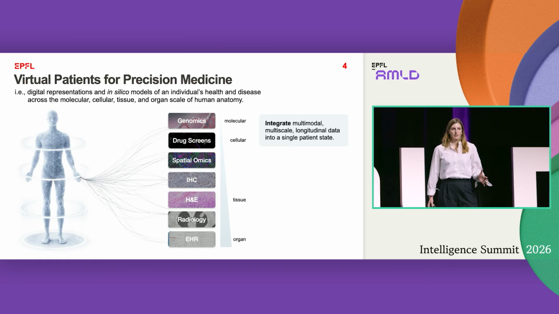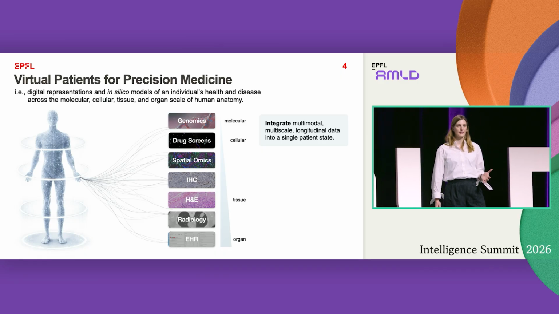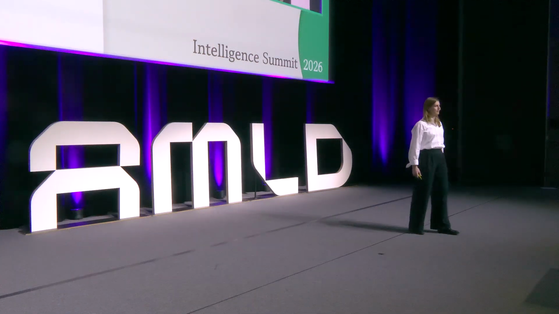A virtual patient is an in silico model of an individual's health and disease, and should allow us to really integrate those multimodal, multi-scale longitudinal data into a single representation from which we can ask many different questions, whatever comes to mind.